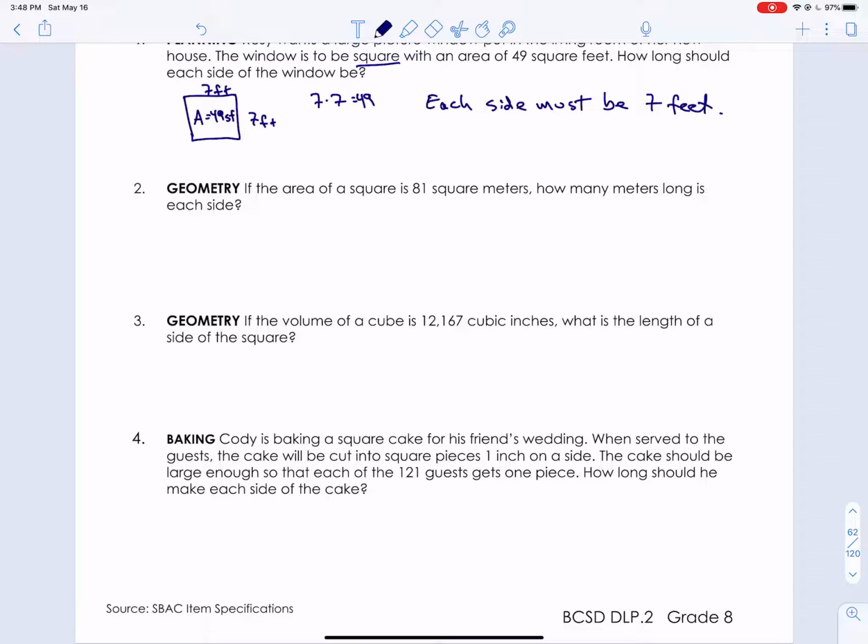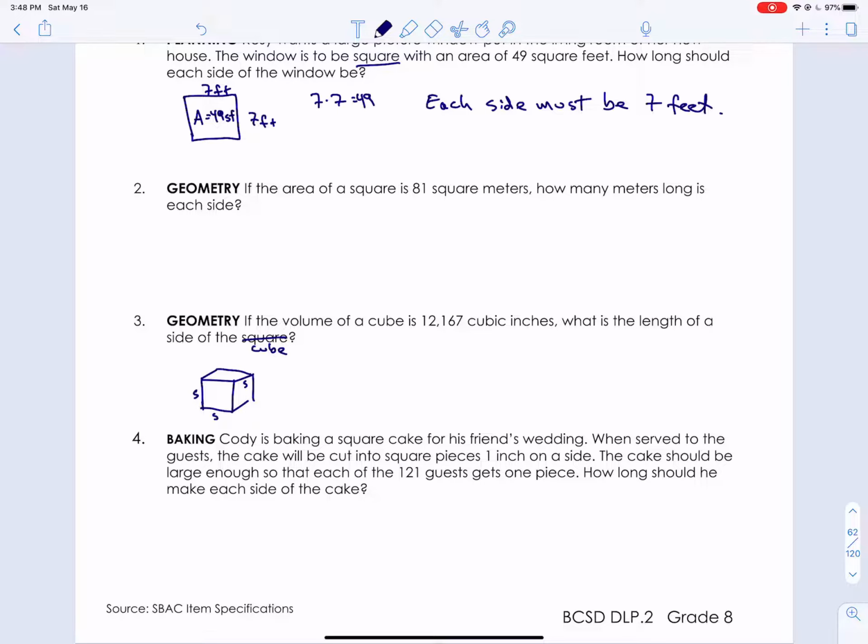Number 3. If the volume of a cube is 12,167 cubic inches, what is the length of a side of the cube? Okay, so we have a cube, with equal sides. It's not perfect, but you get the idea. So the side times the side times the side, those are all the same number.